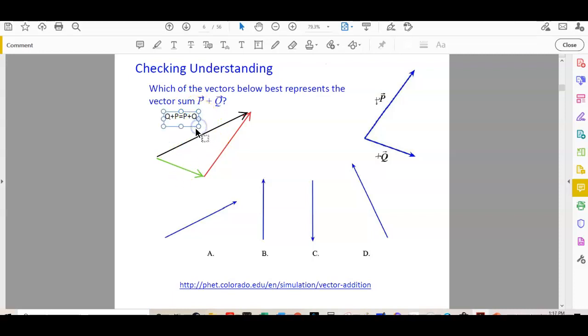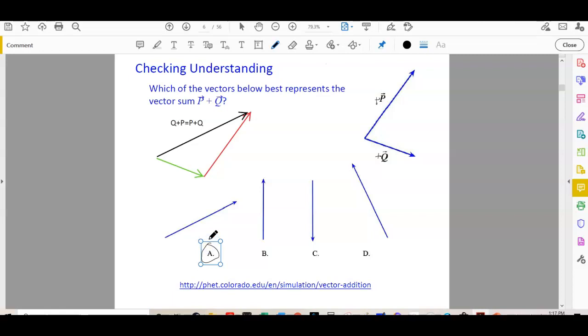So this is Q plus P, because this is Q and this is P, but that's also equal to P plus Q. Either way, you get this vector that's pointing up and to the right, which is a lot like A. So hopefully you were able to circle this, and the answer to this is A.